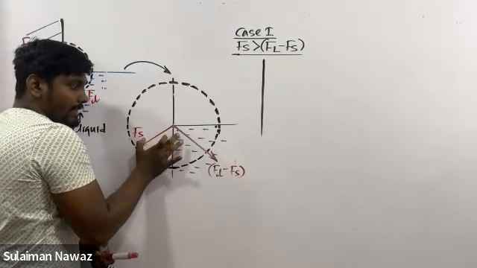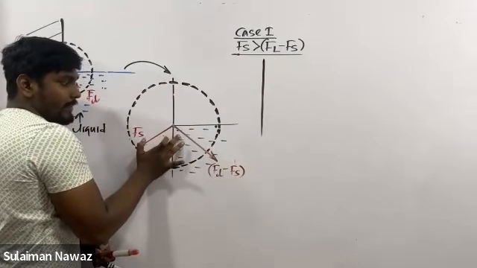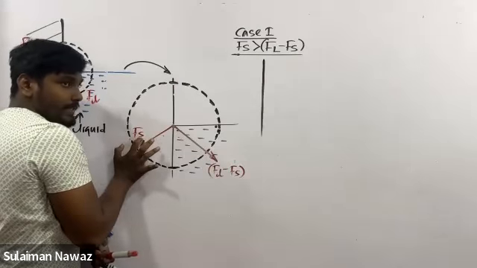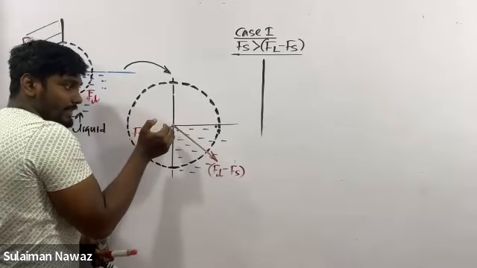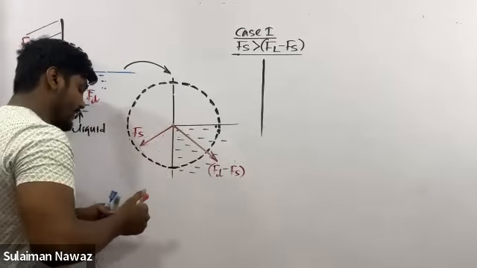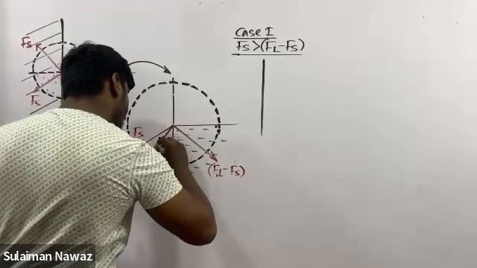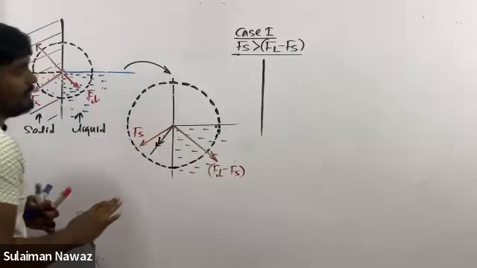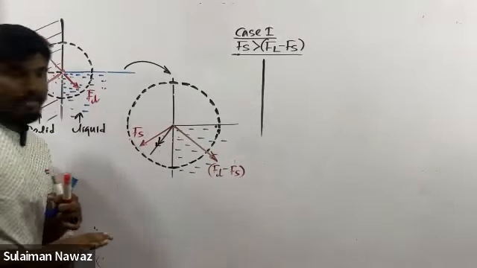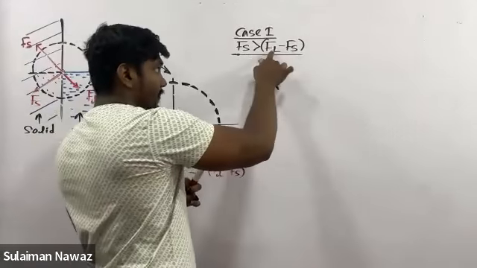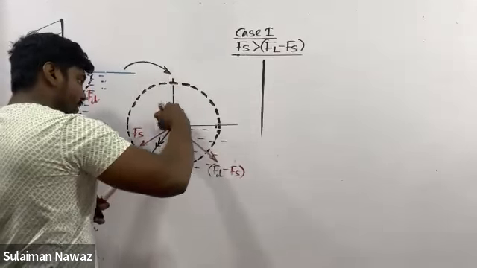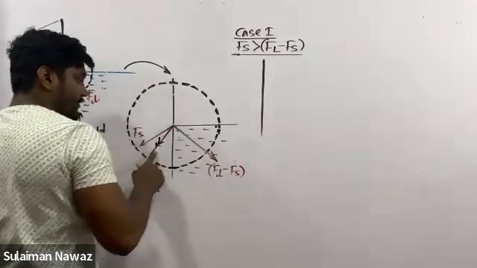Now the angle is 45, 45. If this one is the larger vector, what is the direction of the resultant vector? Your resultant vector would be like this, closer to Fs. Do you understand? In that case, Fs is larger than Fl minus Fs, so the resultant will be inside the solid, in this direction.